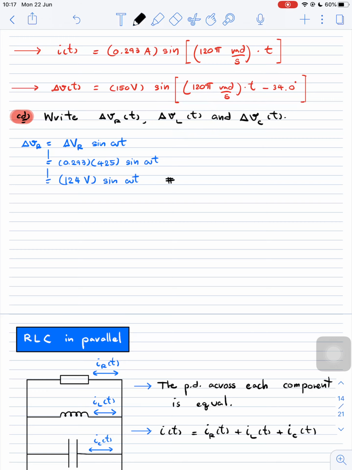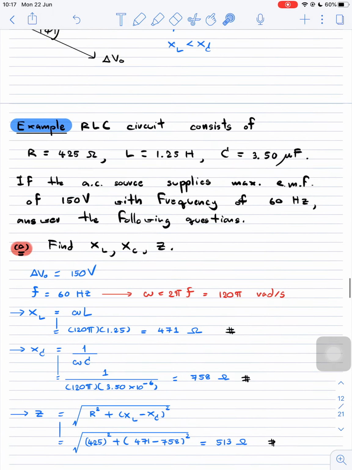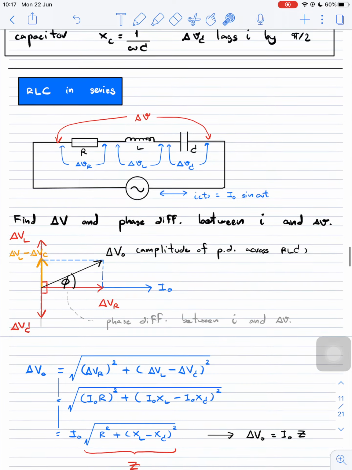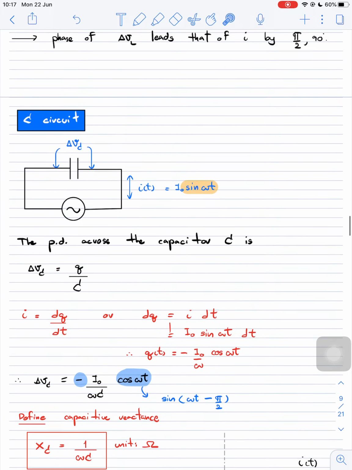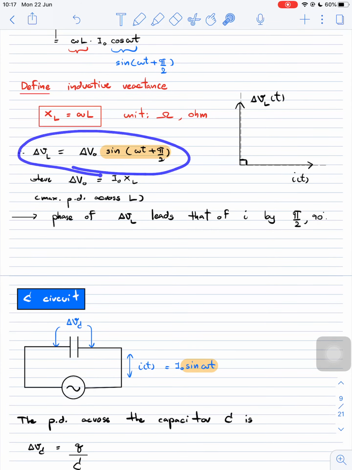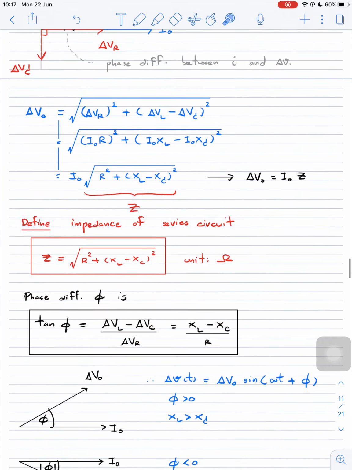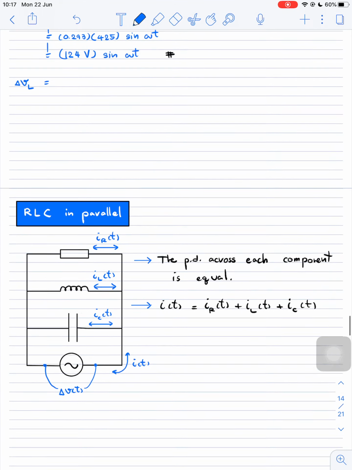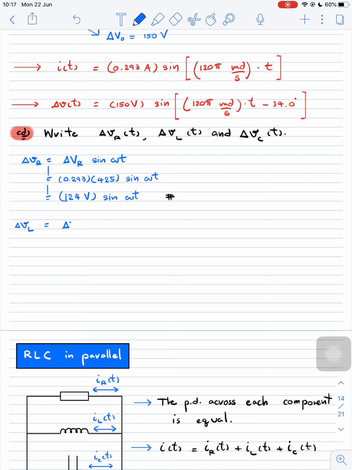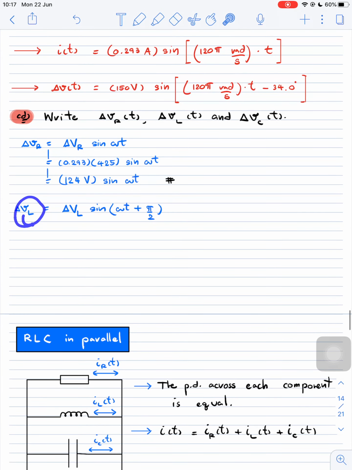So now how about delta VL? We can use this one to find delta VL. So delta VL times the sine of omega t plus pi half. Don't forget that the phase of delta VL is leading the phase of the current by 90 degrees.